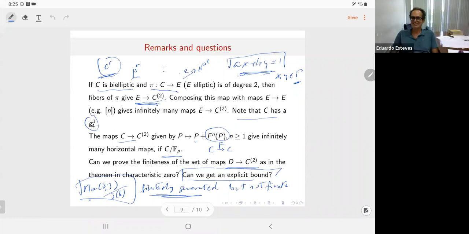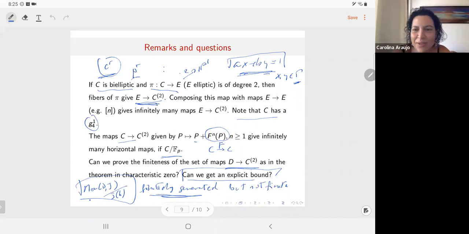Thank you. Are there more questions? I have a quick question. So you gave in this slide some examples to explain why your hypotheses are necessary. So are there also examples where you have infinitely many maps starting with a G13?